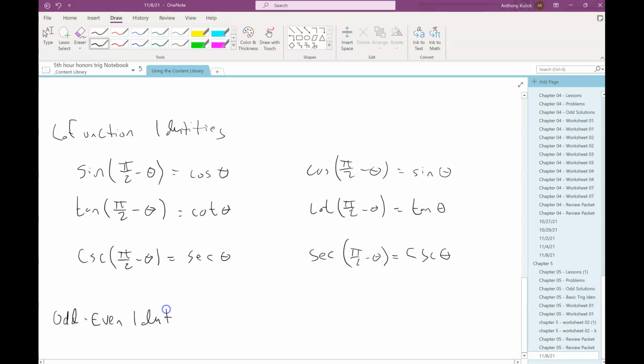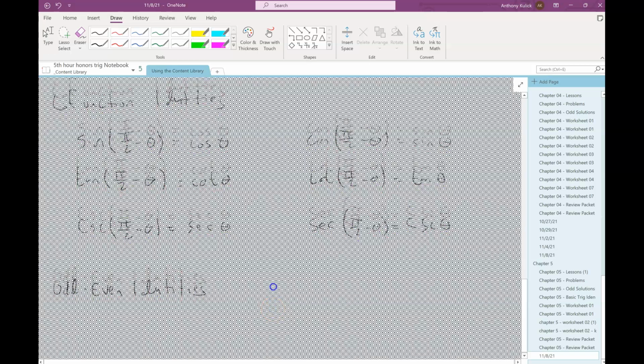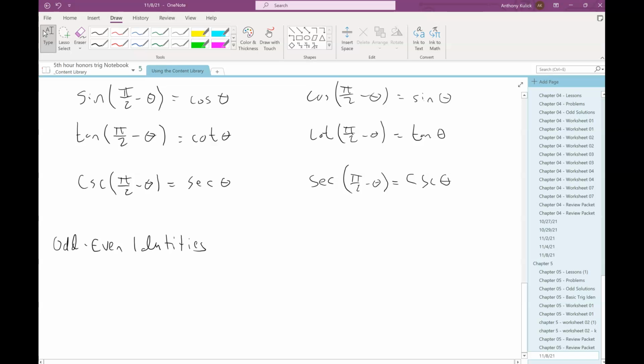And then our last set of identities are called the odd-even identities. So recall that when we looked at the graph of sine, we noted that sine was an odd function. So since sine is an odd function, we know f of negative x is equal to negative f of x. We noted that cosine was an even function, so f of negative x has to equal f of x.